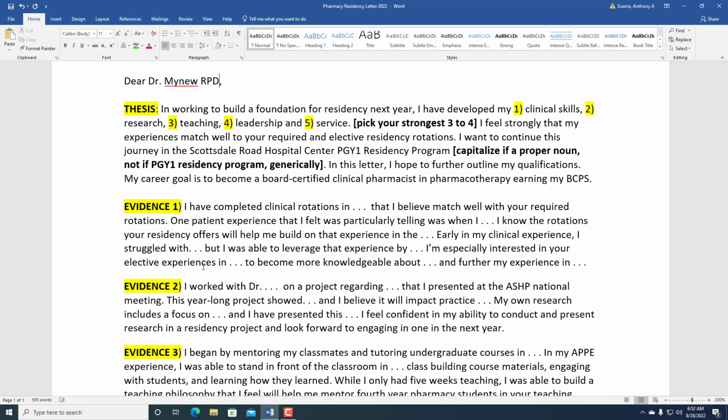But in some way you want to indicate what it is that you're trying to achieve, because this residency is a step between what you've done, and again, this is the chronological order I talked about in last episode. You're saying, this is what I did as a student, this is what I want to do as a resident, this is what I would like in the future. So in one paragraph, you have gone through the entire history.